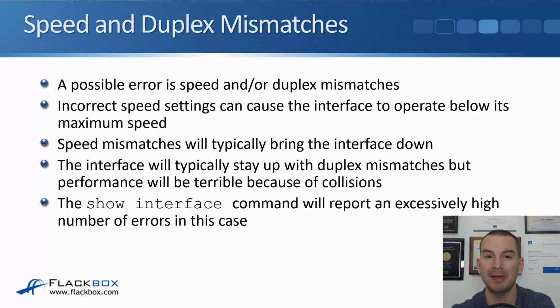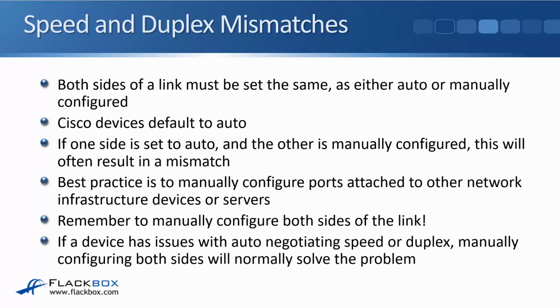If you've got a speed mismatch where you've manually configured the speed on both sides of the link, that will typically bring the interface down. If you've got a duplex mismatch, then the interface will typically stay up, but you'll get terrible performance because you'll have loads of collisions on the interface. If you do a show interface command, that will typically report a really high number of errors in that case, which would give you a clue to what the problem is.